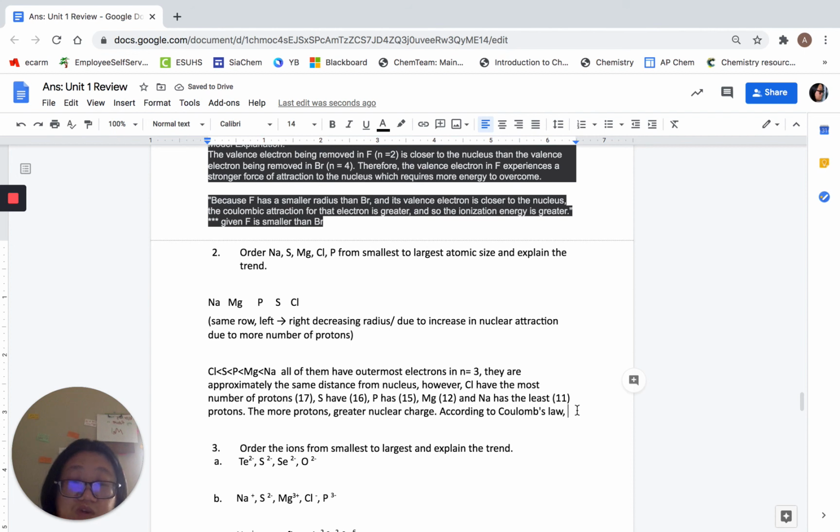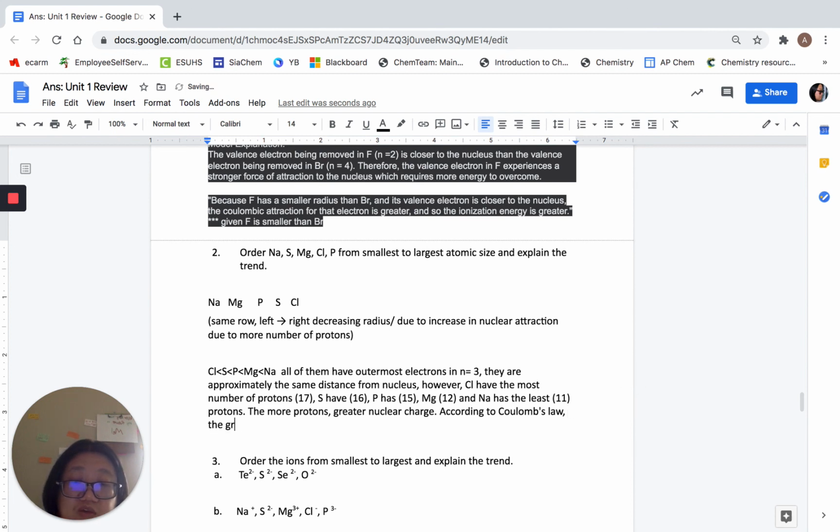Alright, Coulomb's law: the greater the charge, the more attraction between the particles.